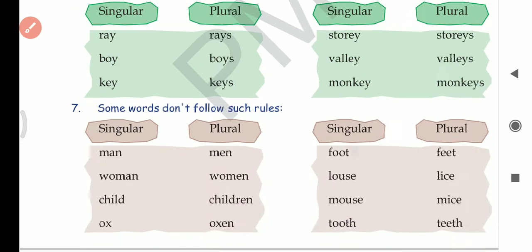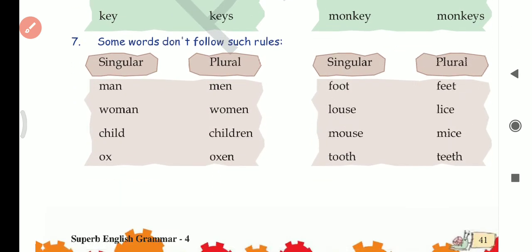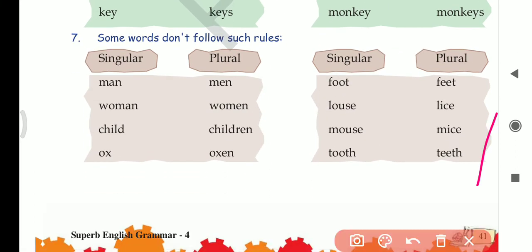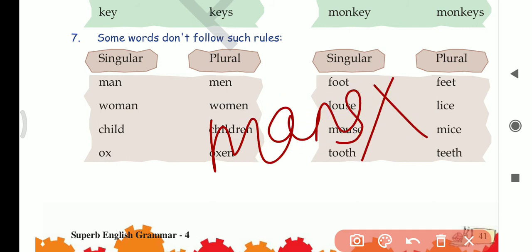Okay. Next one. Some words don't follow such rules. Now there are some words that do not follow any rule. These are exceptions and we have to remember this. Like man. Man is singular. Plural is men. It is not following any rule. We don't write mans. Do we write mans? No, we don't. Mans. This is wrong.